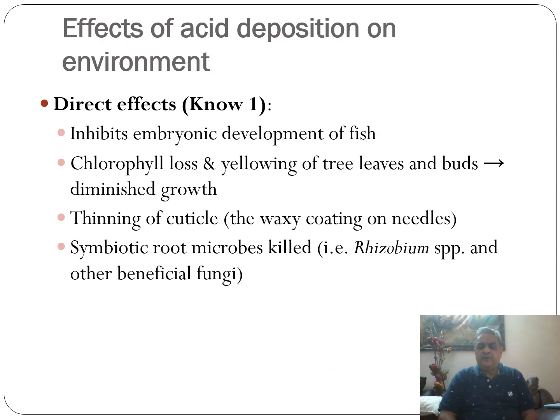Effect of acid deposition on the environment. Direct effect. They inhibit embryonic development of fish. Chlorophyll loss and yellowing of trees and buds diminish the growth of trees. So you can well imagine when there is a chlorophyll loss, the plant is not able to emanate oxygen.